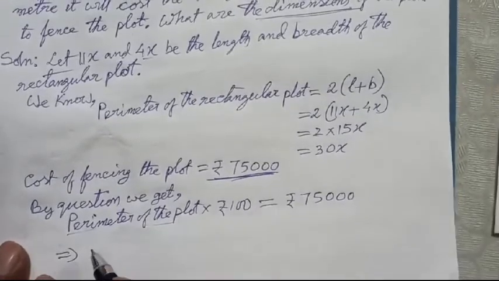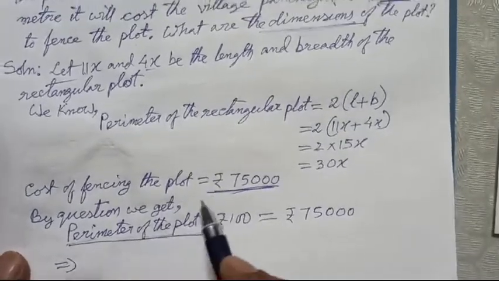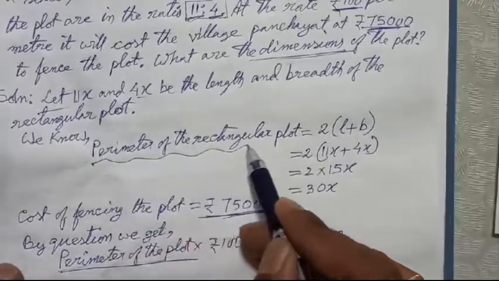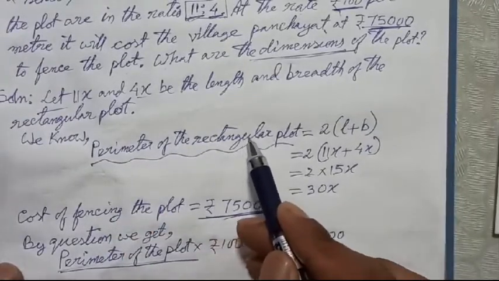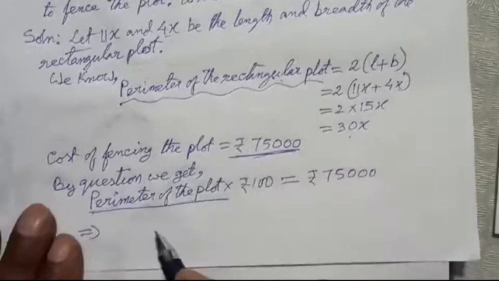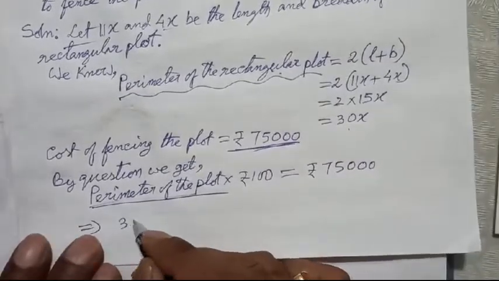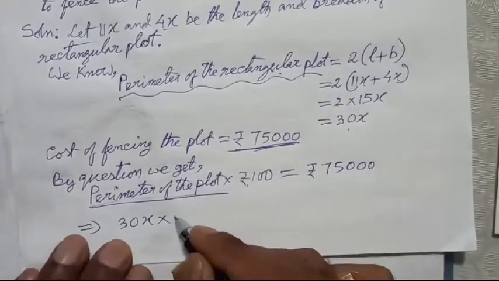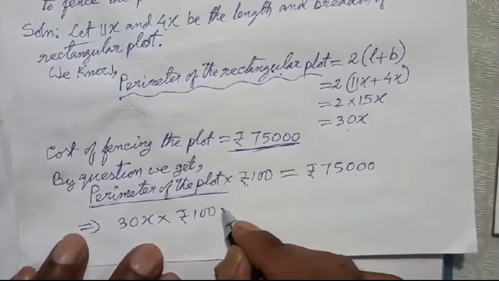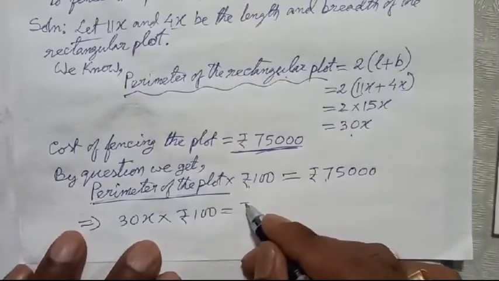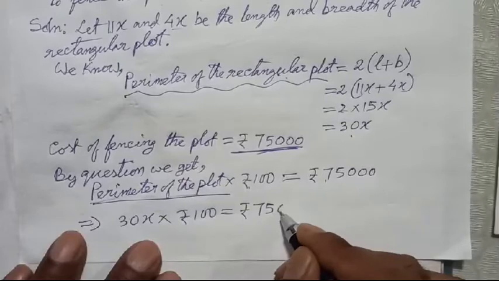This implies that the perimeter of the rectangular plot 30x into rupees 100 is equal to rupees 75,000.